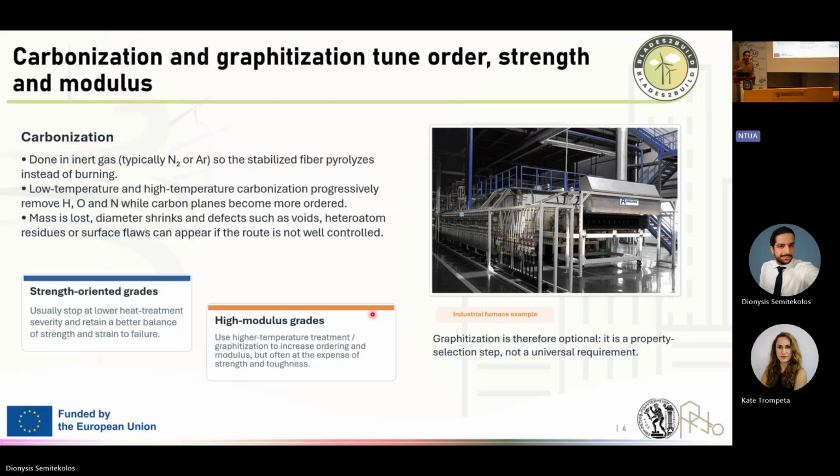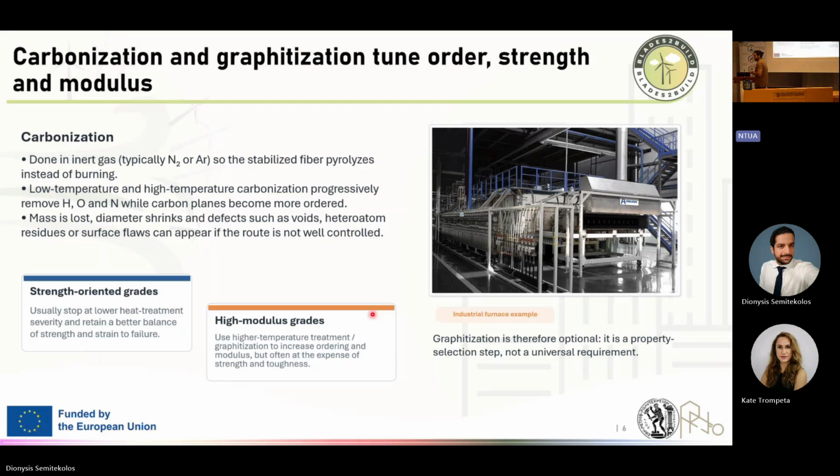This can also be done in gradient steps, so lower temperature and higher temperature. This helps us progressively remove the extra atoms that I was talking about before, so hydrogen and nitrogen that are in the acrylonitrile structure are removed.